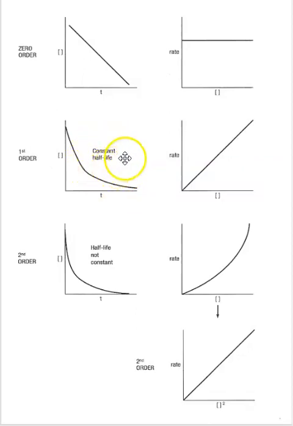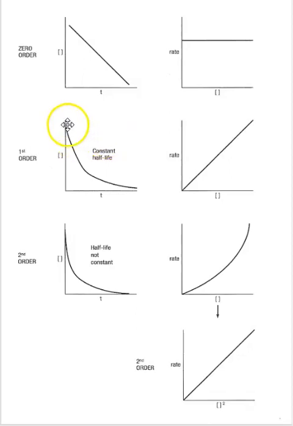Now, first order reactions have what's called a constant half-life. If you know what half-life is from physics, you've got a bit of a head start on everybody else. But the half-life for our reactions here is nothing to do with radioactivity. It is to do with the concentration.